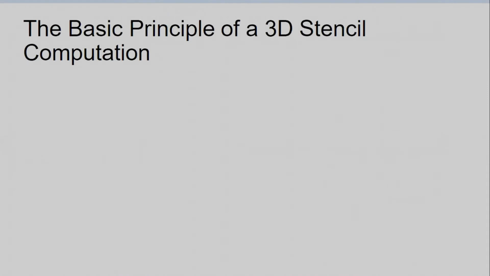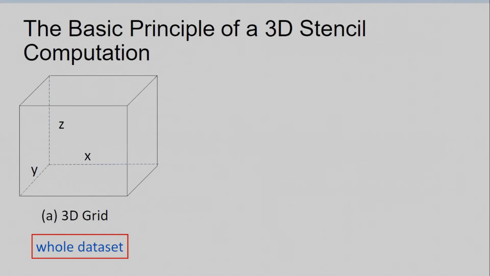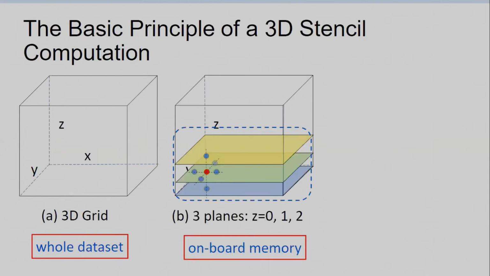I will briefly introduce the basic principle of our 3D stencil computation. First, this 3D grid represents the whole data set, which resides in the external large volume data storage. And then, to begin the calculation, we first split the whole data set along the vertical direction into a series of XY planes.